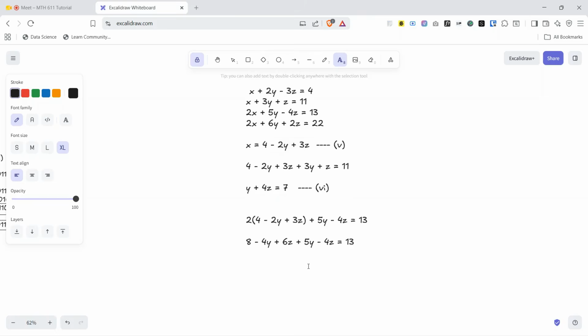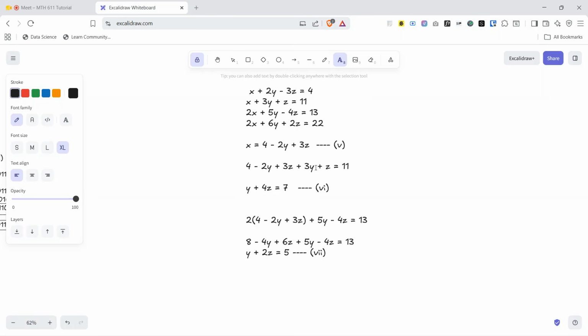This would be y plus 2z equals 13 minus 8, that's 5. So this is equation 7.